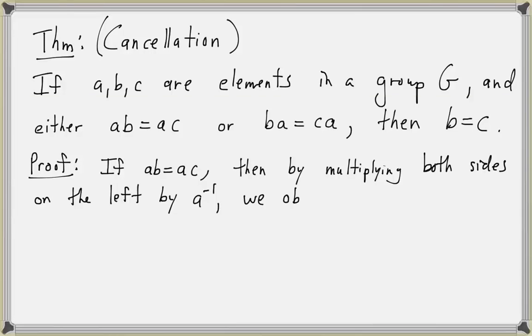We obtain A inverse times the quantity AB equals A inverse times the quantity AC.